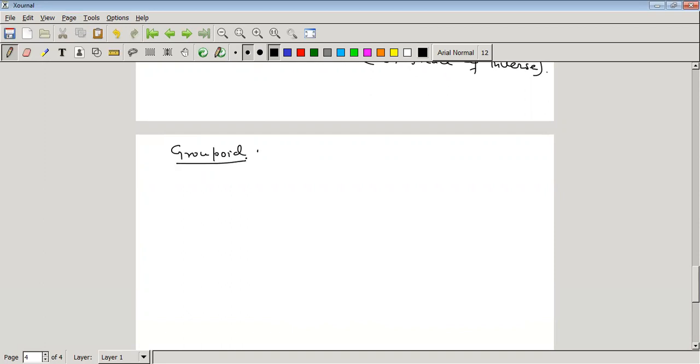Now the definition of groupoid: if a non-empty set G, and star is a binary operation from G cross G to G, if star is a binary composition, then G is called a groupoid.